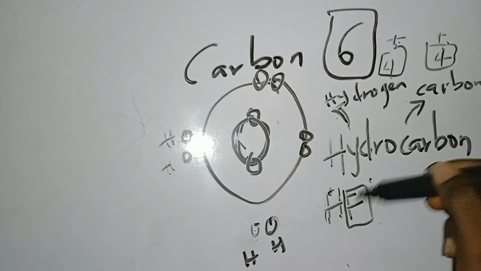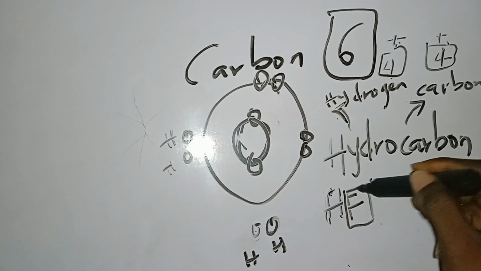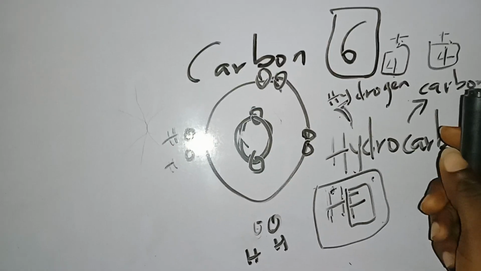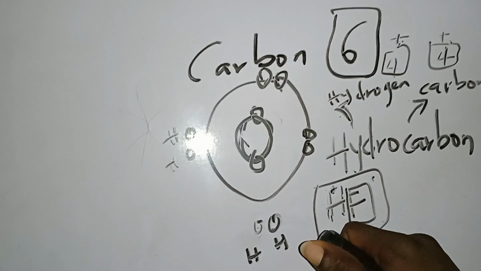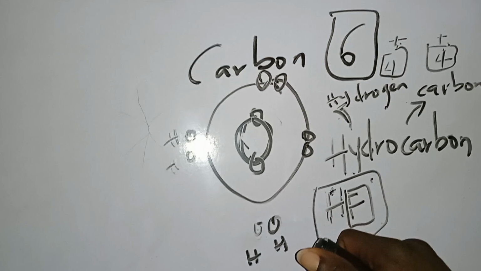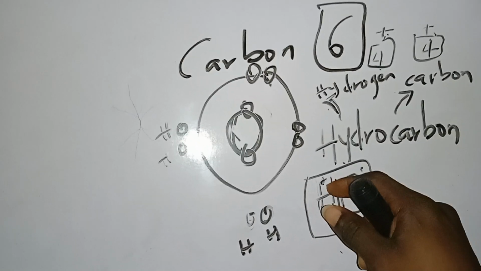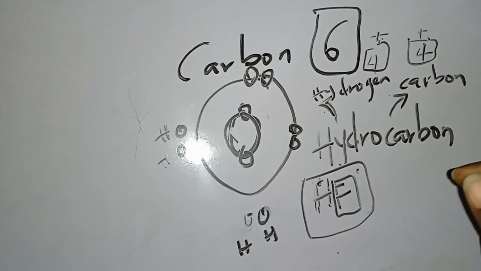This one will be partially negative, more electronegative. We say that this type of bonding is polar bonding, but today we are focusing on organic chemistry, that is the chemistry of hydrogen and carbon, hydrocarbon, and it is more of a non-polar bonding. So let's get to it.